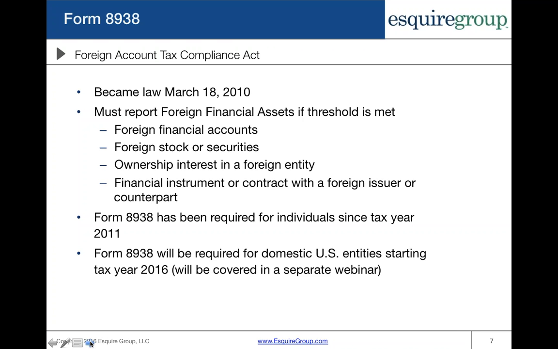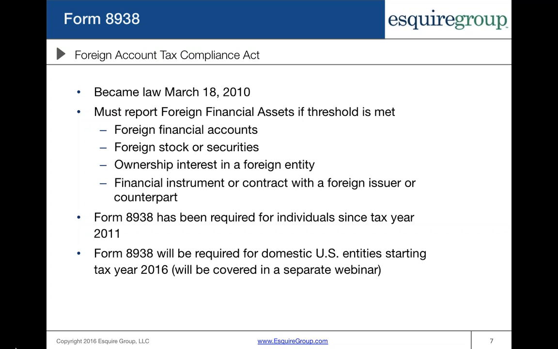So that last one, a financial instrument or contract with a foreign issuer or counterpart, is essentially a foreign annuity or insurance policy. Form 8938 has been required for individuals since tax year 2011. Starting for tax year 2016, it is also going to be required for U.S. domestic entities. We're going to do a separate webinar on Form 8938 filing requirements for entities.